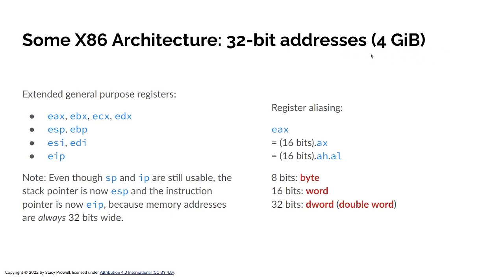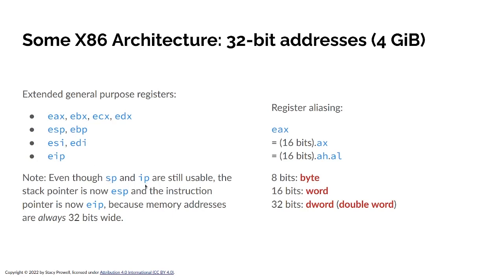That should be enough for anybody. And so now we have extended, so you have the E here, extended versions of AX, BX, CX, and DX. So these are all 32-bit registers. Here's our stack pointer and our base pointer. These are pointers. They are 32 bits because memory addresses are 32 bits. Here's ESI and EDI, and here's our instruction pointer, also 32 bits because memory addresses are 32 bits.